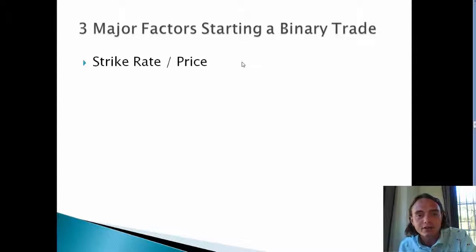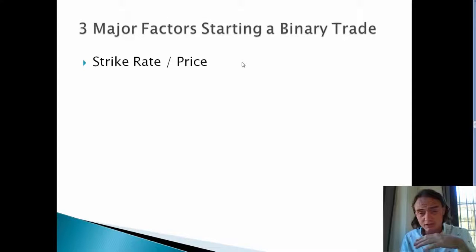If it's a call signal, then you need to make sure that the strike rate you're going for is less than 1.100, because otherwise the price is already moving in the direction of the signal. So you want to make sure you're getting a better price, if not very, very close, and you can check this with the signal provider. They'll let you know whether there is any leeway, or whether you have to be better than the strike rate.